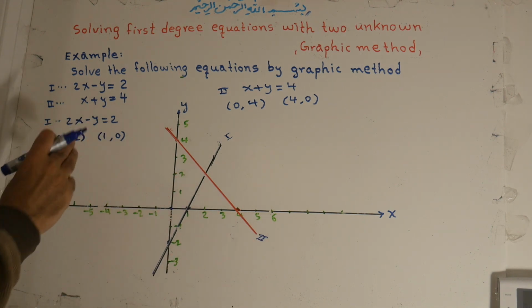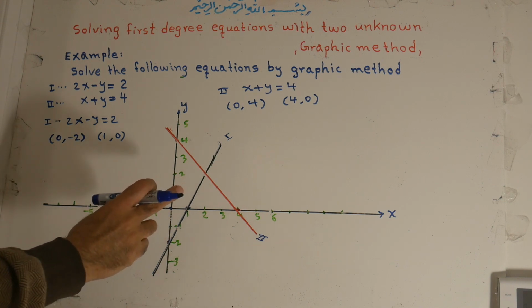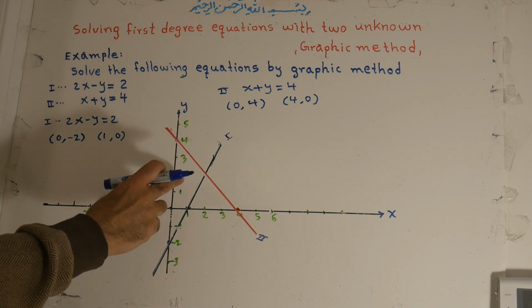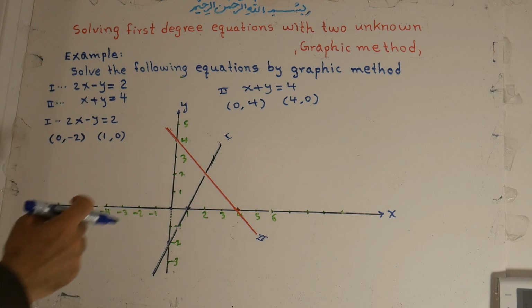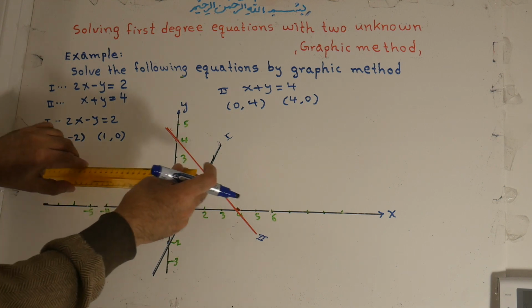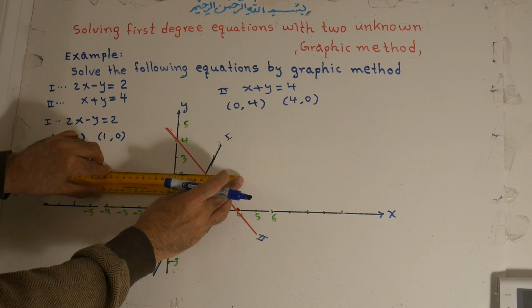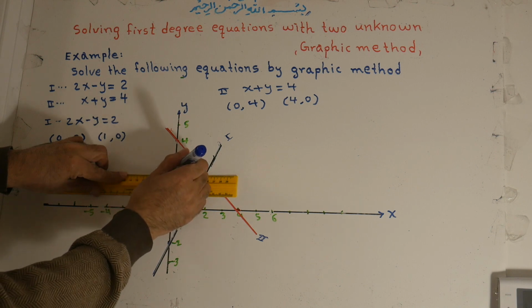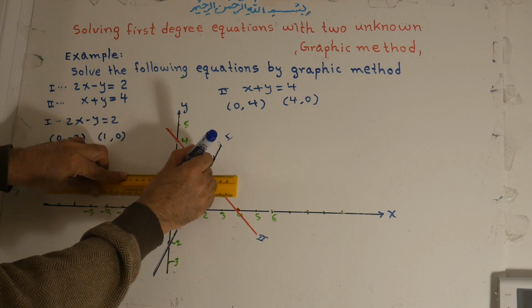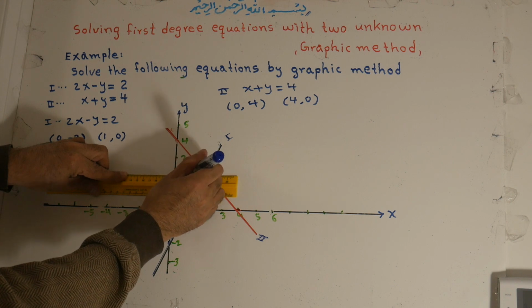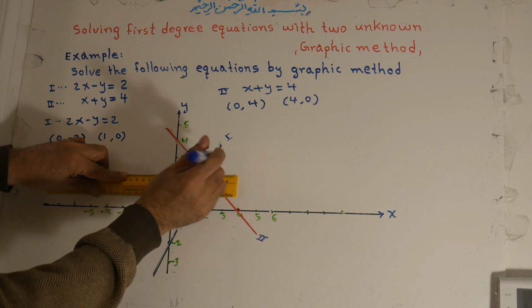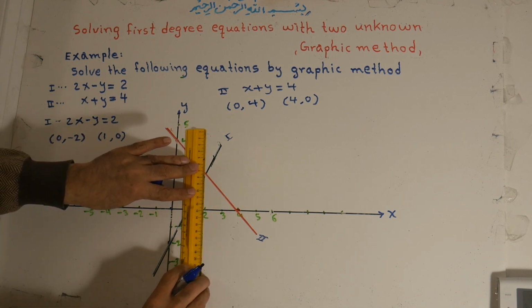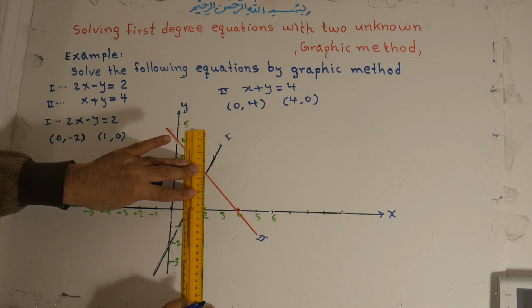Now, the solution for the equations is the point where these two lines intersect or cross each other. What we do, we draw a line from here parallel to the x-axis, and also another line from here parallel to the y-axis.